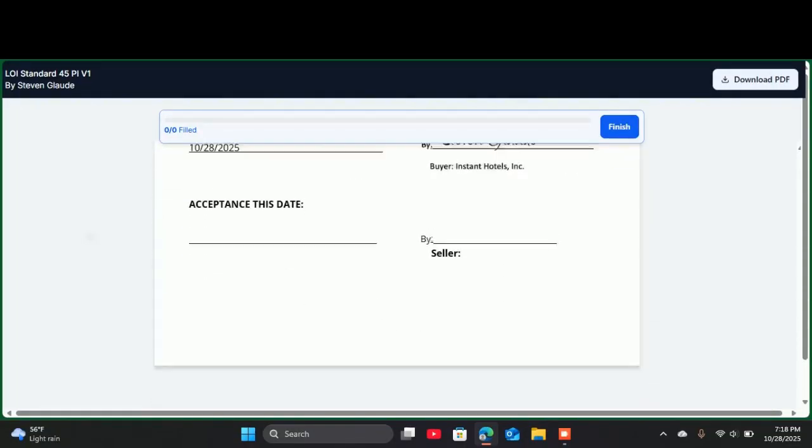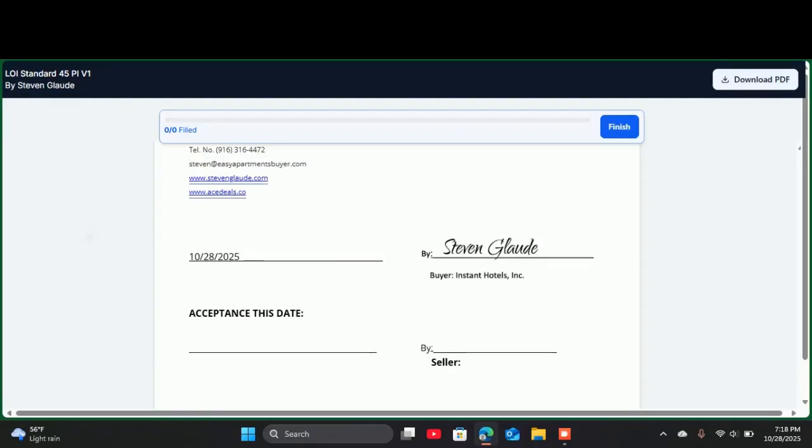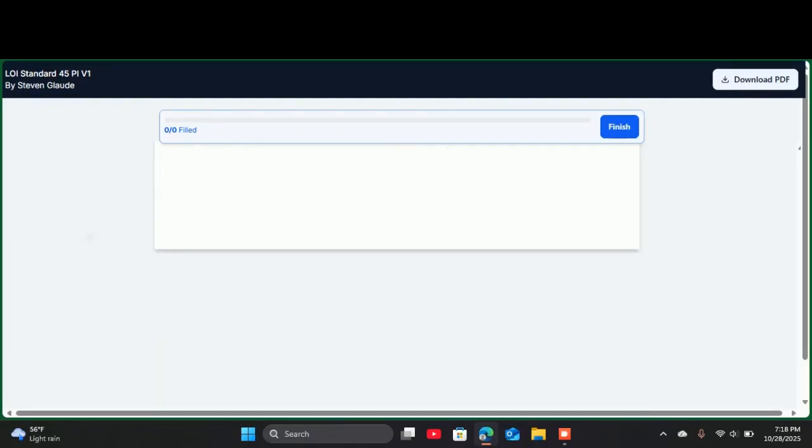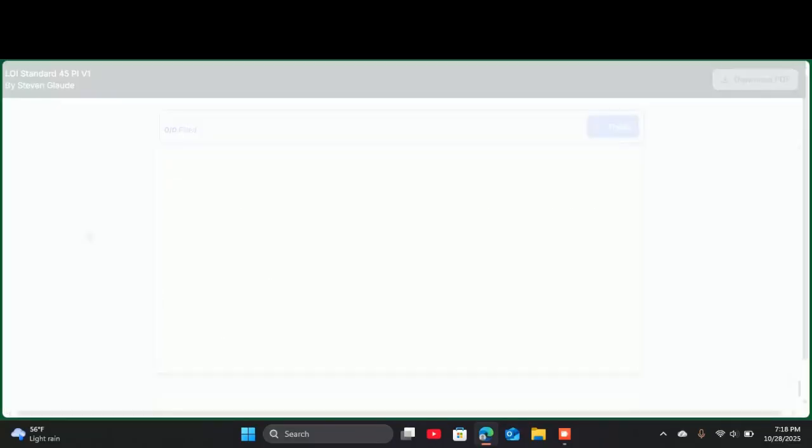But yeah, here's the LOI, and you see Steven's signature is already signed. So all we're doing is waiting on the buyer to sign it. But I'm gonna do this.